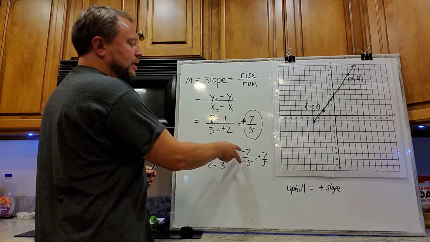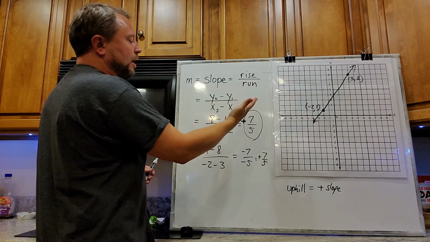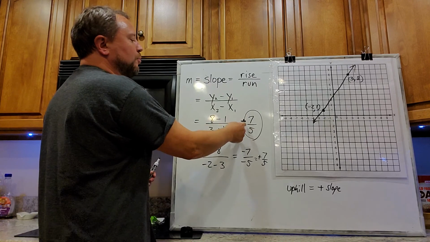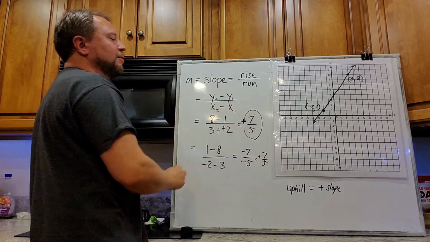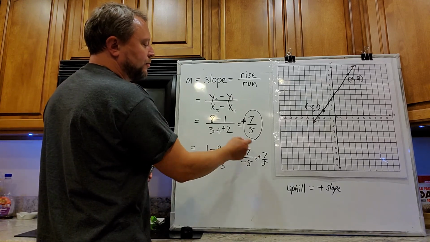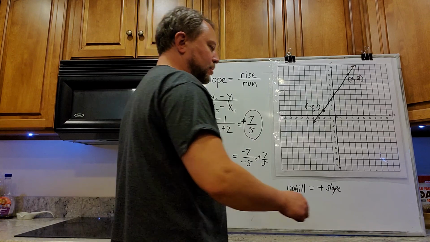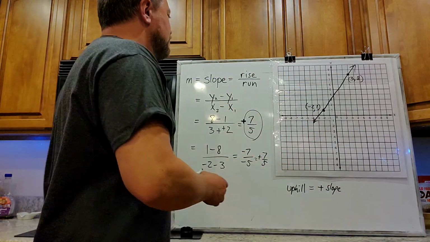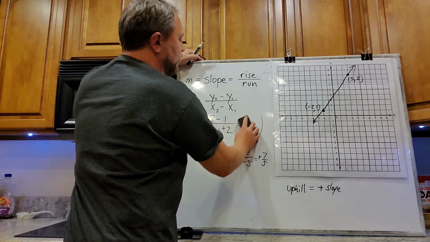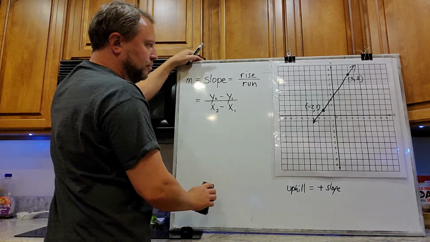If they're both negative, then it's really positive. If they're both positive, it's positive. If any one of them was negative, then it'd be negative as a whole. Okay? But since they were both negative, they cancel each other out, they become positive. All right, so that's an uphill line. So now let's take a look at some other types of lines besides uphill.